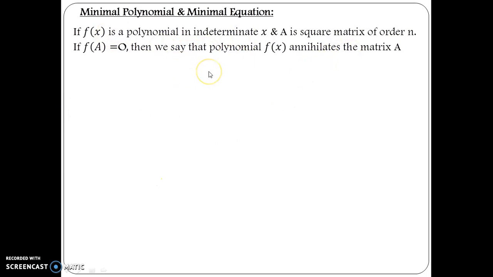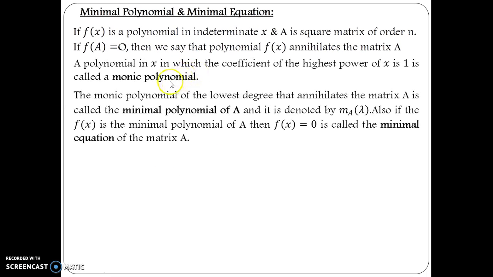Now, what is known as a monic polynomial? It's a big chunk of the theory over here, so please bear with me, I cannot go without this. A polynomial in x in which the coefficient of the highest power of x is 1 is called a monic polynomial.